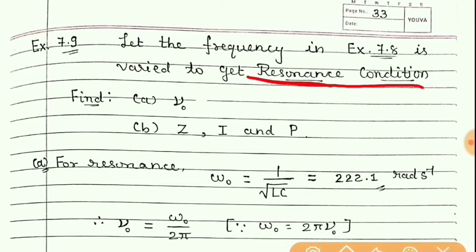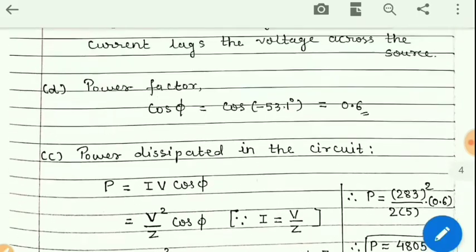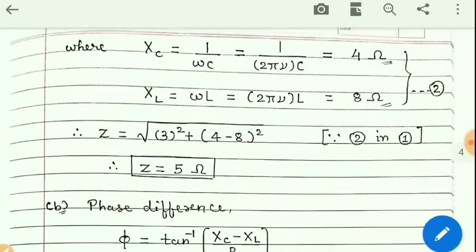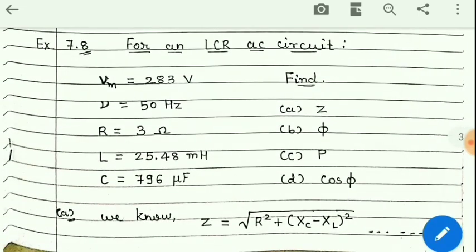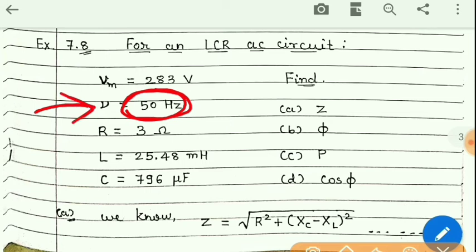So we know that resonance can be obtained for some other value of frequency. At this frequency the resonance is not obtained. So we have to change this value of frequency to get the resonance.